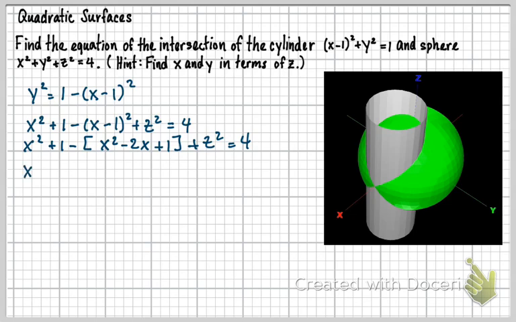So I'm going to get x squared plus 1 minus x squared plus 2x minus 1 plus z squared equals 4. Okay, now from here I'm just going to simplify, put together what I can. So those go away. My 1's go away. And then I'm left with 2x plus, oops, I forgot my squared on my z, plus z squared equals 4.